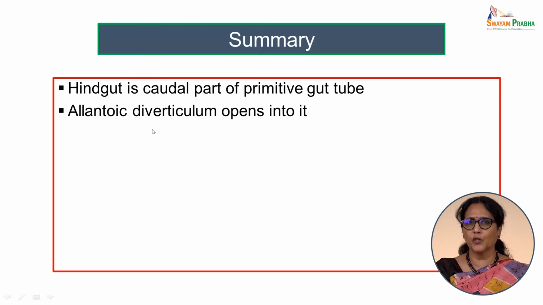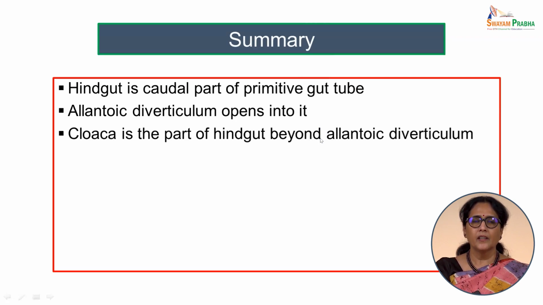After this allantoic diverticulum opens into the hindgut, the terminal part of hindgut which is dilated or expanded is called cloaca. So, cloaca is the part of hindgut which lies beyond the allantoic diverticulum.